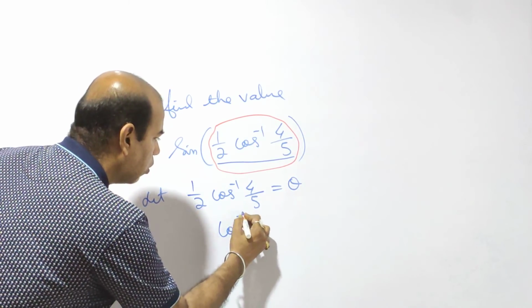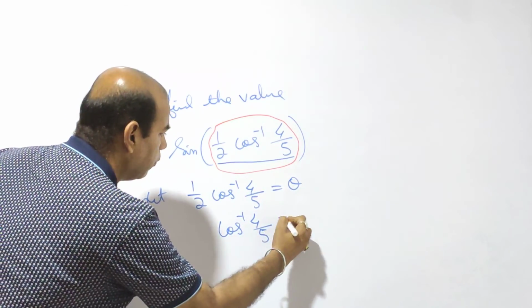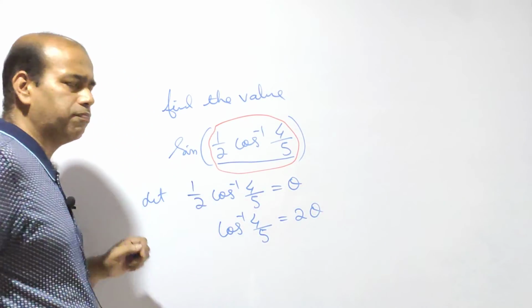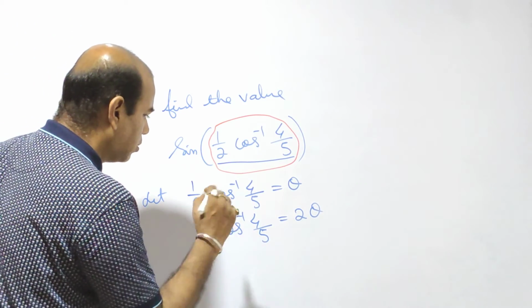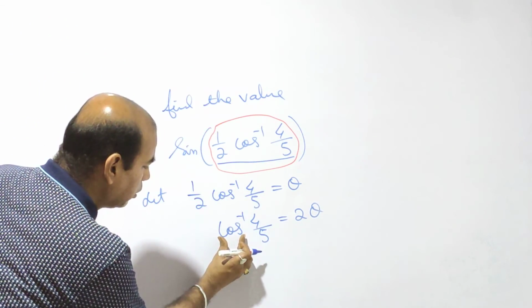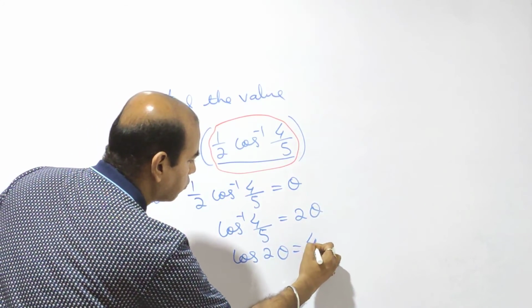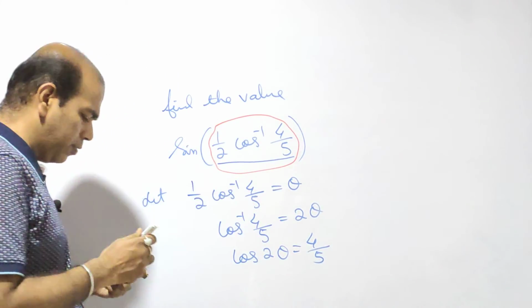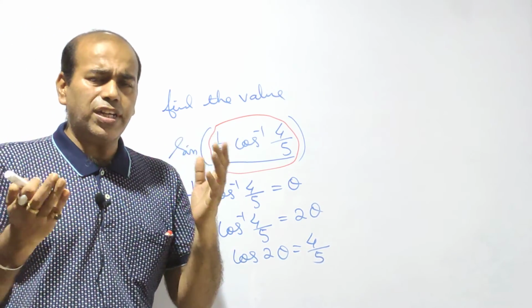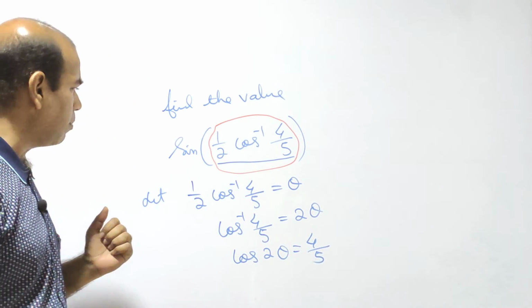So cos inverse 4 by 5 is 2 theta. That means if I move this cos inverse to the other side, cos 2 theta is 4 by 5. But what do I have to find? What is my requirement?